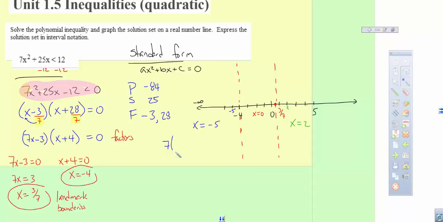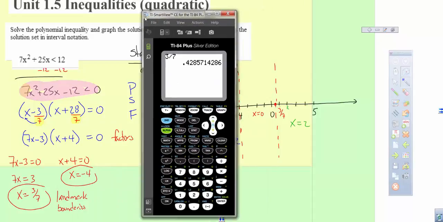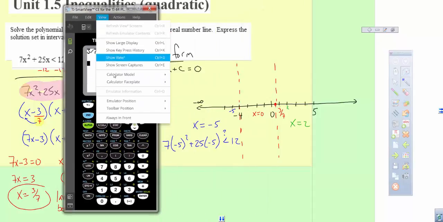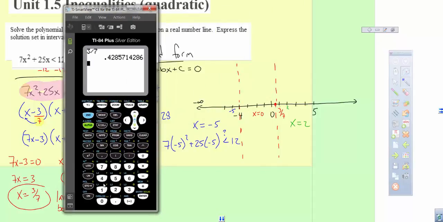So we've got 7 times -5 squared plus 25 times -5. And the question is, is the left-hand side less than 12? So we pull out our calculator, put it on top real quick, and we plug it in. 7, open parentheses, -5, close parentheses, squared, plus 25, open parentheses, -5, close it, enter.